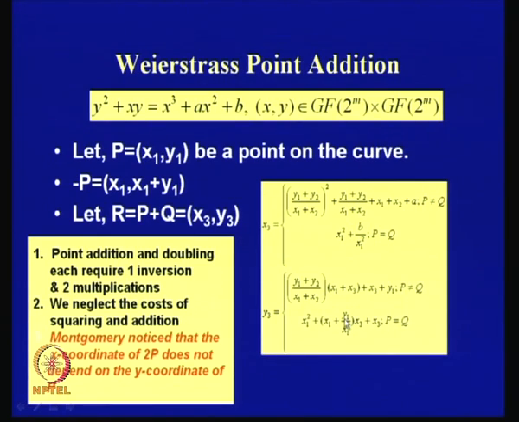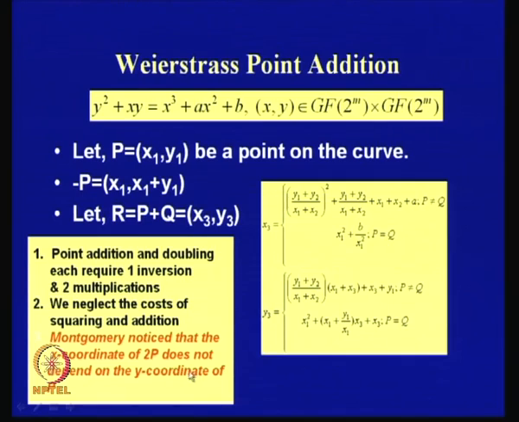So you need 2 multiplications and 1 inversion for both point addition and point doubling operations. We neglect the costs of squaring and addition, and we also neglect the costs of multiplying with constants. Like here you have multiplied with b, that is neglected. If b is a pre-known, fixed value for the curve, then you can develop an architecture which is devoid of multiplication.